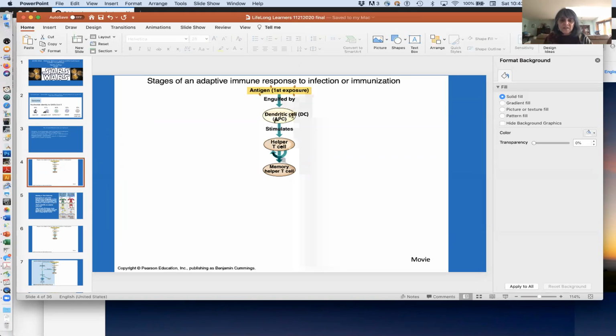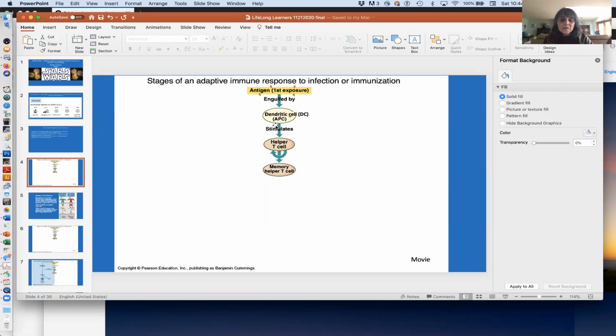And this first gets engulfed by dendritic cells at the tissues. So for example, viruses that we inhale, influenza virus, SARS-CoV-2, MERS, SARS-CoV-1, these all enter through the airways, and we have immune system cells, particularly dendritic cells, that can take up the virus.